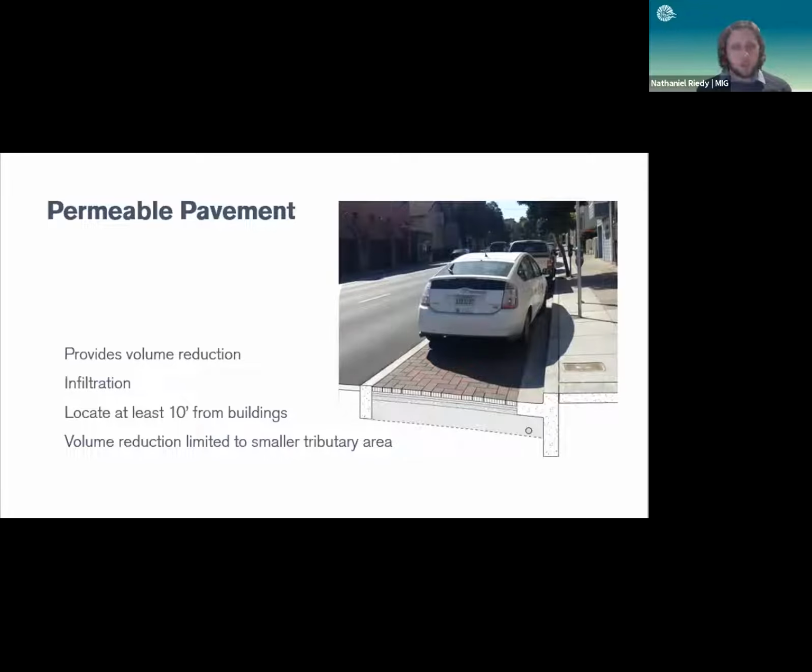So as Jenny mentioned with option 2, since we're going to be redoing a lot of the parking areas, redoing the median, it's more economical if we're going to be doing repaving to be able to replace it with permeable pavement. So yeah, it's good for areas that are lower traffic, like parking lanes, and it does help to reduce the total amount of stormwater runoff.